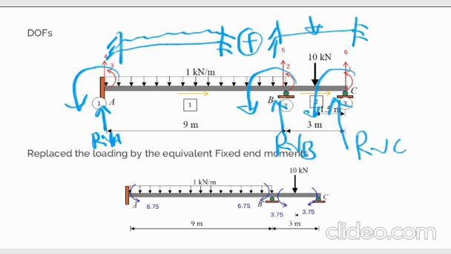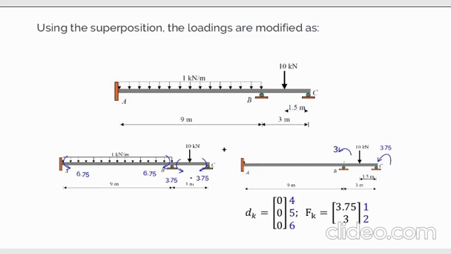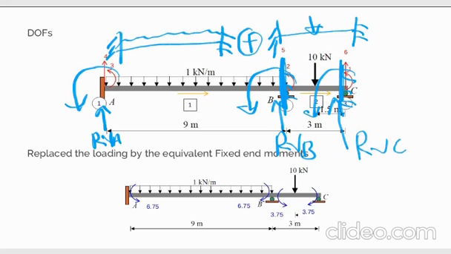I mean the moments appear after we change the roller to fixed. So after you've put fixed, find the reaction and moment at points A, B, and C.